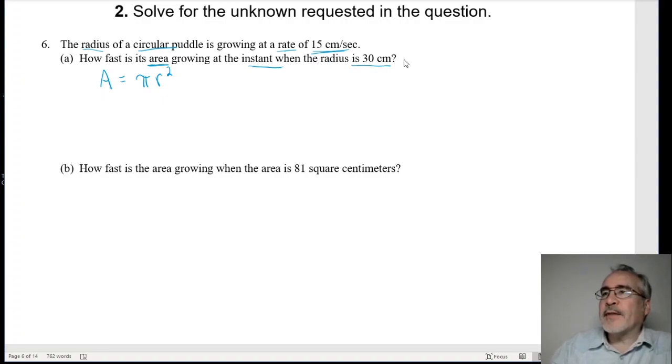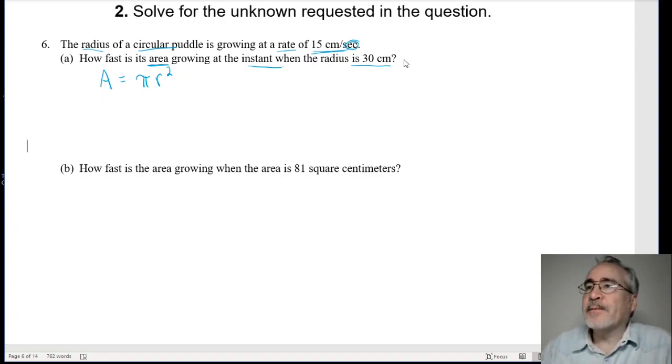Now notice this area equals pi r squared has nothing to do with time. There is no time in this. Where the time comes in is we are going to take a derivative, because time is a sort of invisible variable here. So we're going to take the derivative of this equation with respect to time.